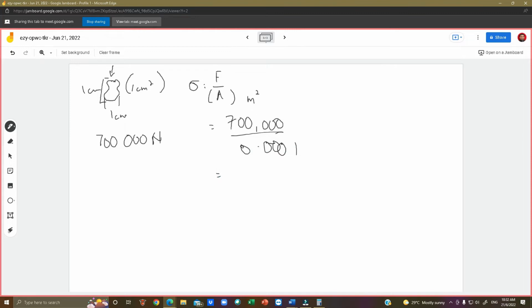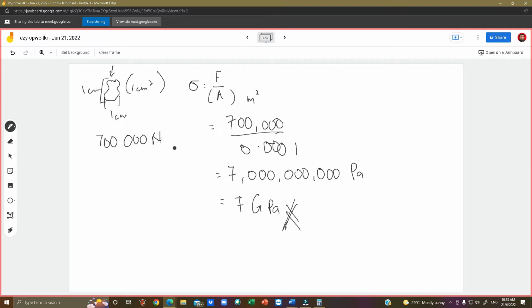So the answer for this will be 7,000 juta, or it will be 7 billion Pascal. Okay, or we can come up with 7 giga Pascal. Tu tekanan yang dia mampu tahan, okay, before it starts to shatter.